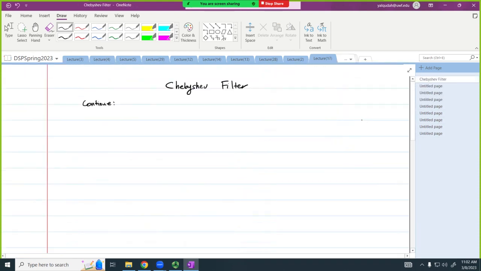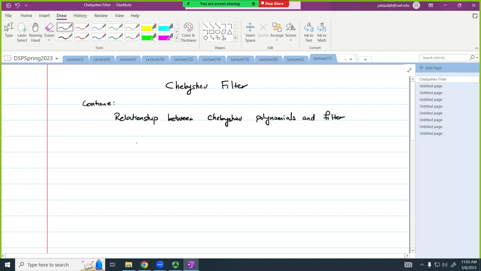So if we take these Chebyshev functions and plug them into our filter, let's look at the relationship between the Chebyshev polynomials and the filter.